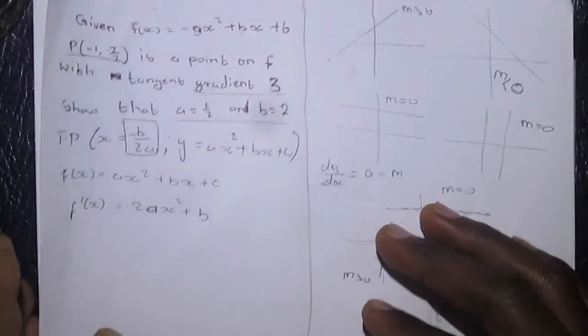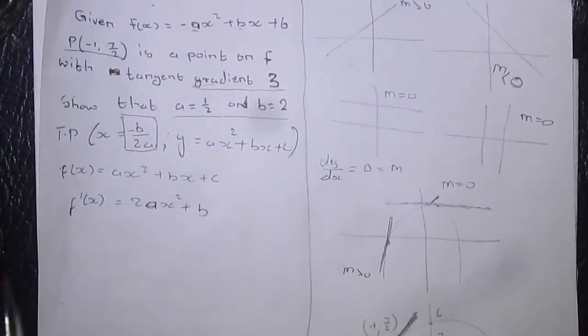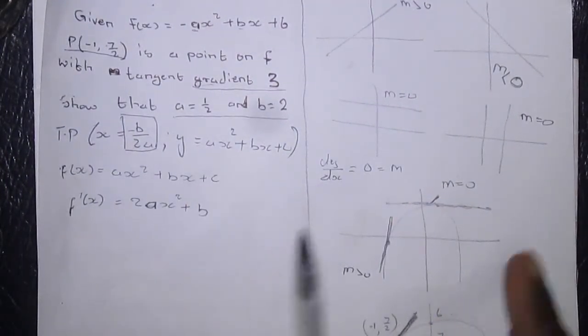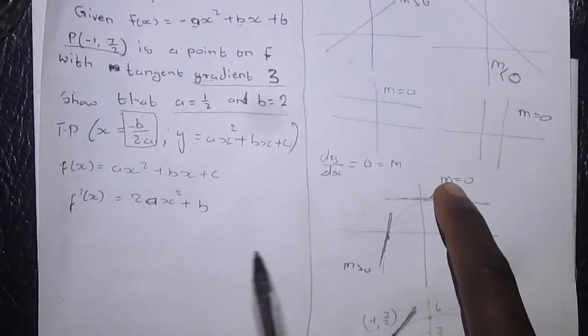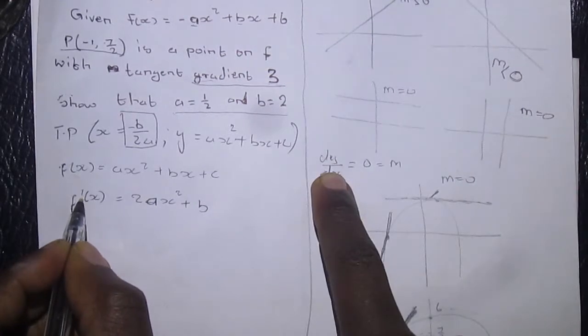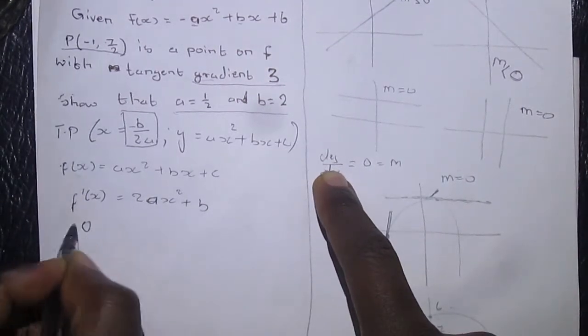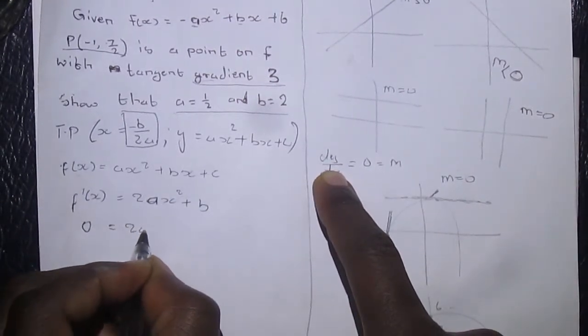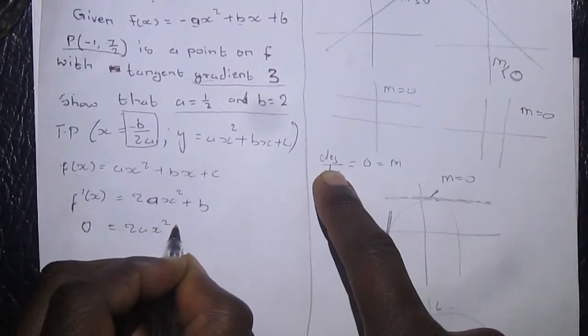Now, because this is a turning point, the derivative, the gradient, is equal to 0. Remember f prime stands for dy over dx. So 0 is equal to 2ax plus b.